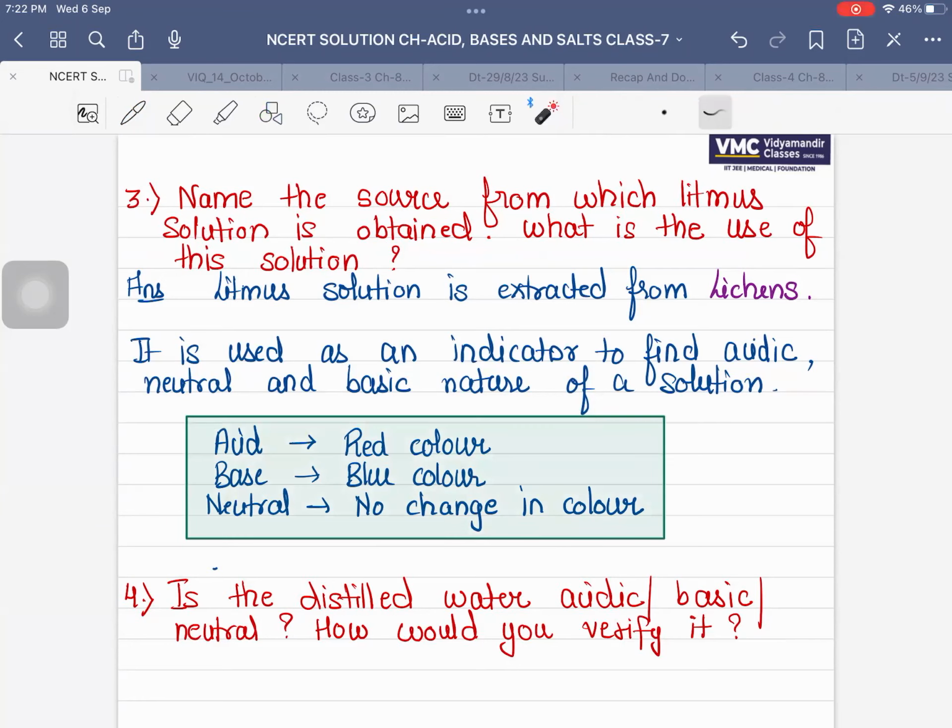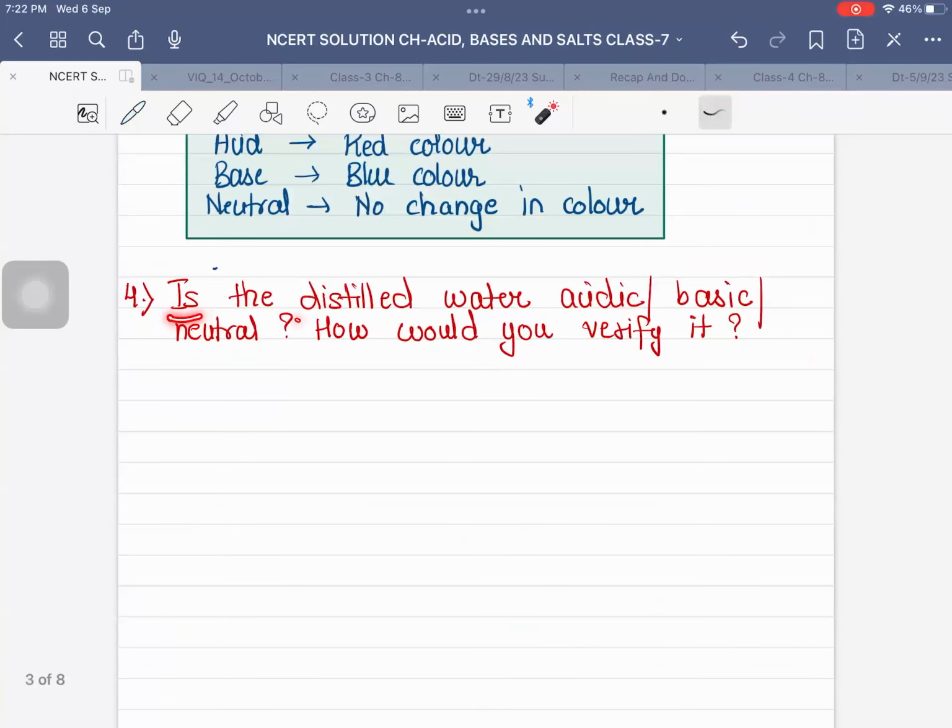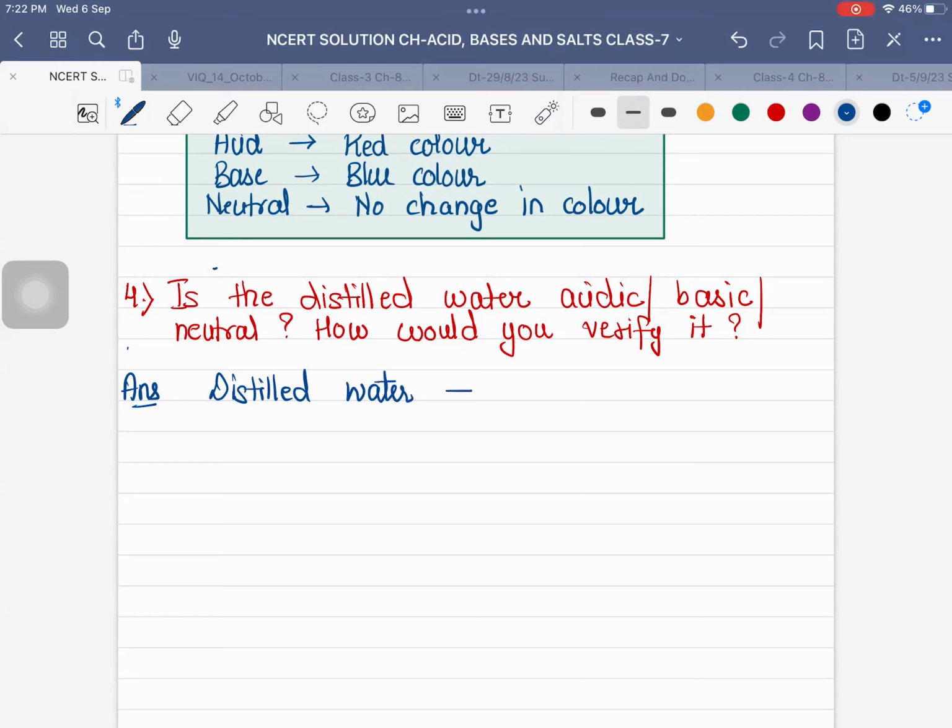Next one, is distilled water acidic, basic, or neutral? How would you verify it? The nature of distilled water is neutral. Why is it neutral?